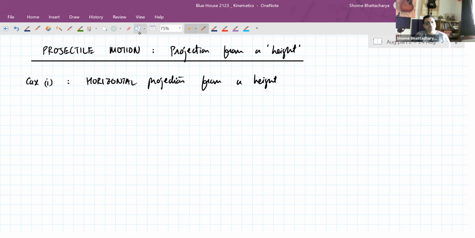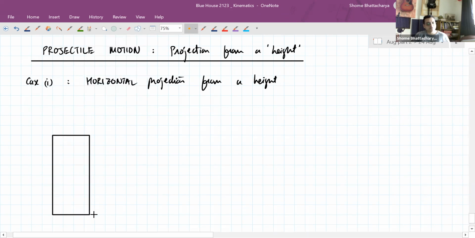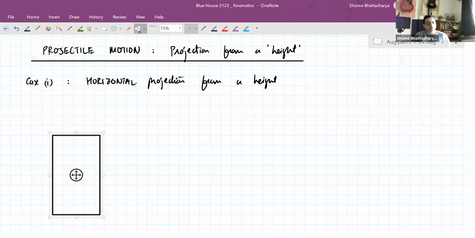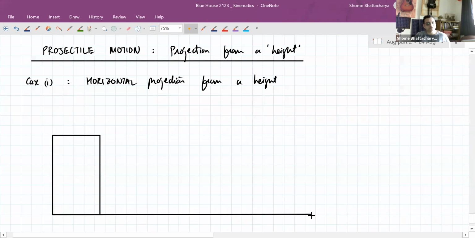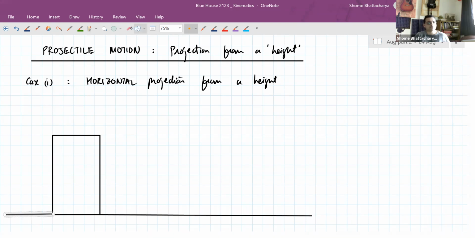That is, like, let's say the person who's projecting the object is standing on a tower or a building or whatever, but he or she is at a certain height above the ground, and now they are projecting from that height above the ground with a horizontal velocity. They are giving the object that they are throwing a velocity which is horizontal. So this object is thrown from here.